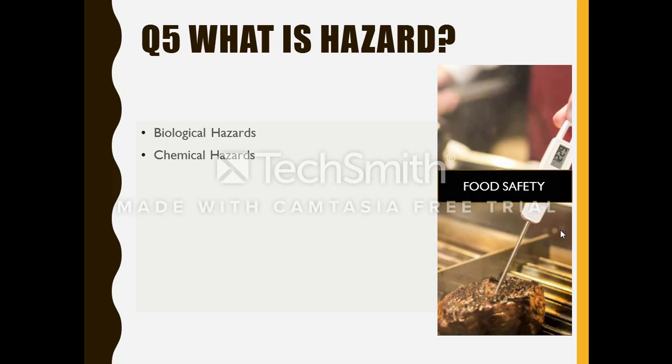For example, antibiotics, pesticides, herbicides, and fungicides. Also, chemical hazards include accidentally added ingredients or cleaning chemicals or paint or pest control chemicals.